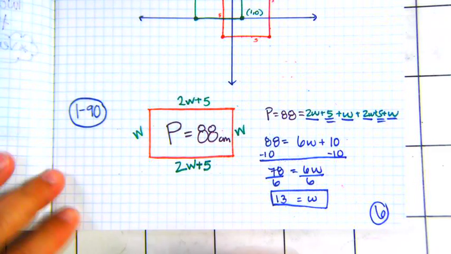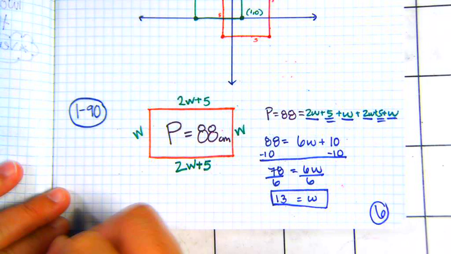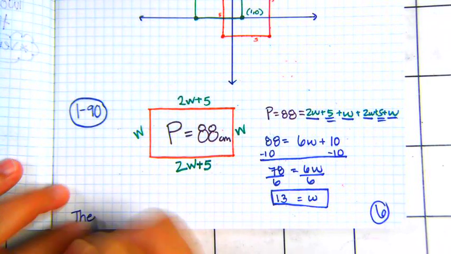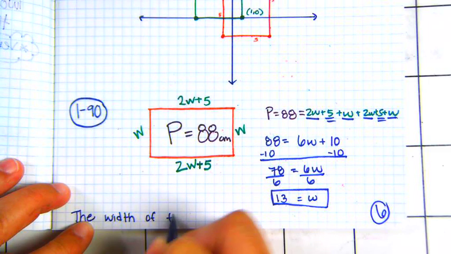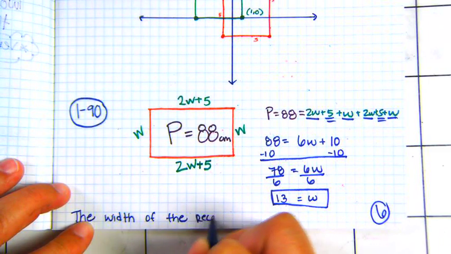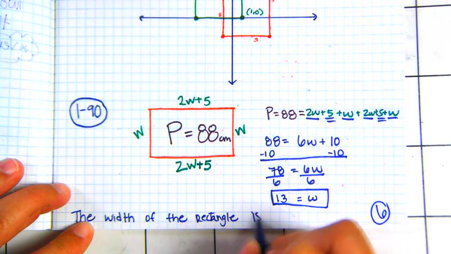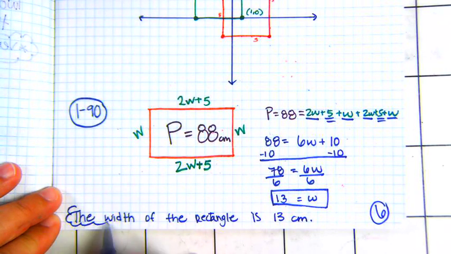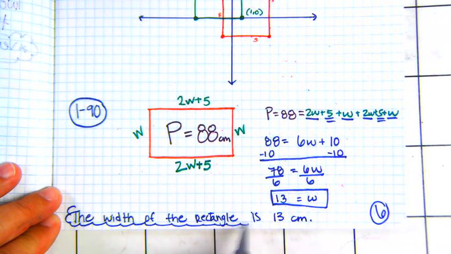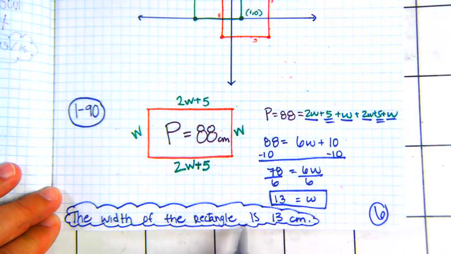So I'm going to say, the width of the rectangle is 13 centimeters. And that is our final answer because it is written as a sentence.